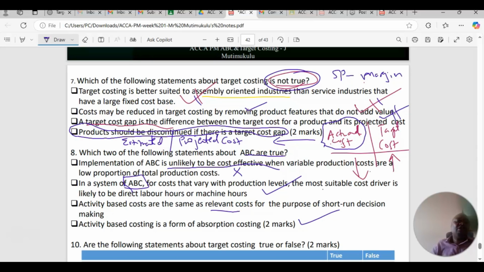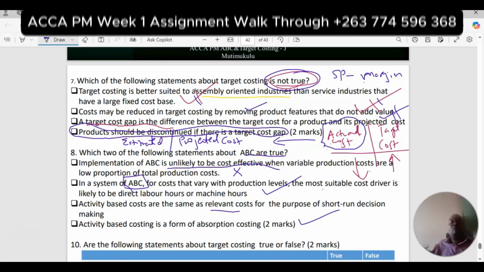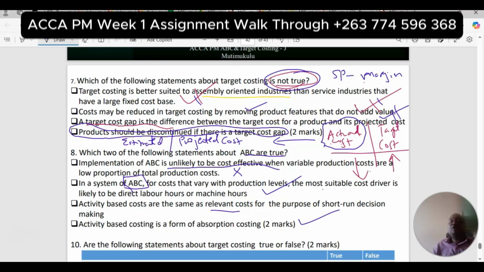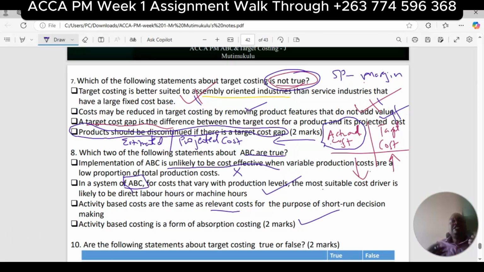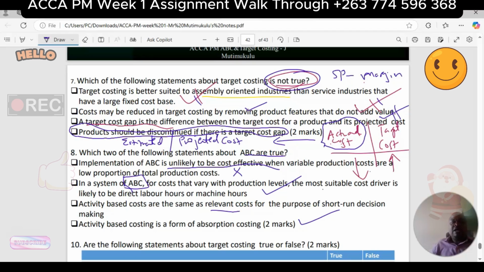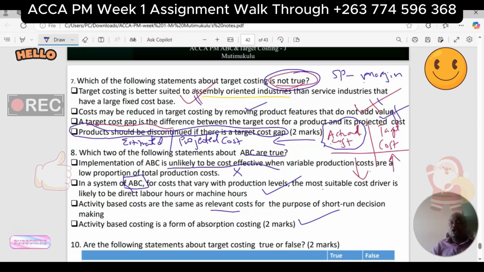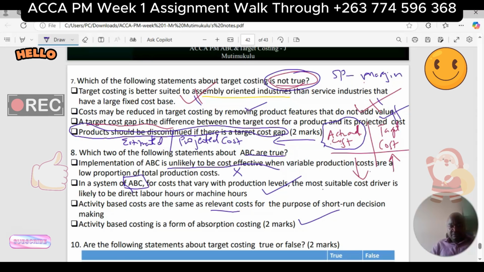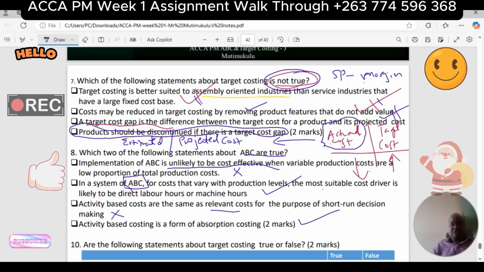But when we are talking of ABC, like I said, it is just another form or an improvement of the old traditional absorption costing system. We still need the overheads to be available or to be in large proportions. So activity-based costs should not be confused with variable costs or relevant costs. All right. So in that case, this option is incorrect.